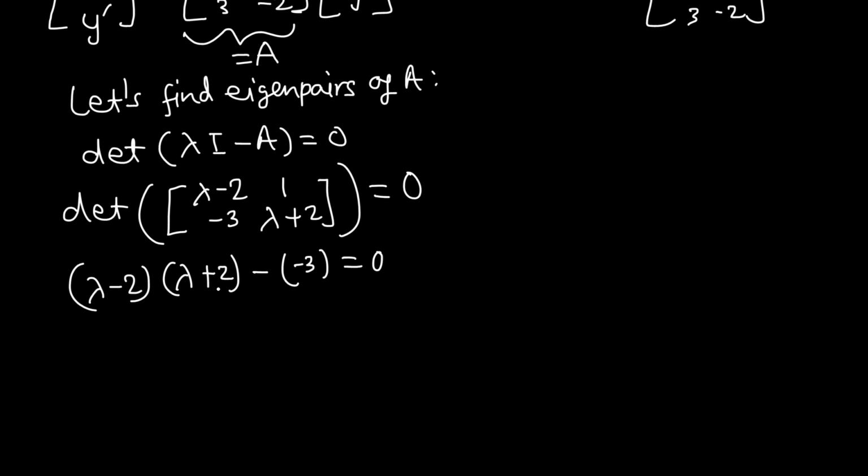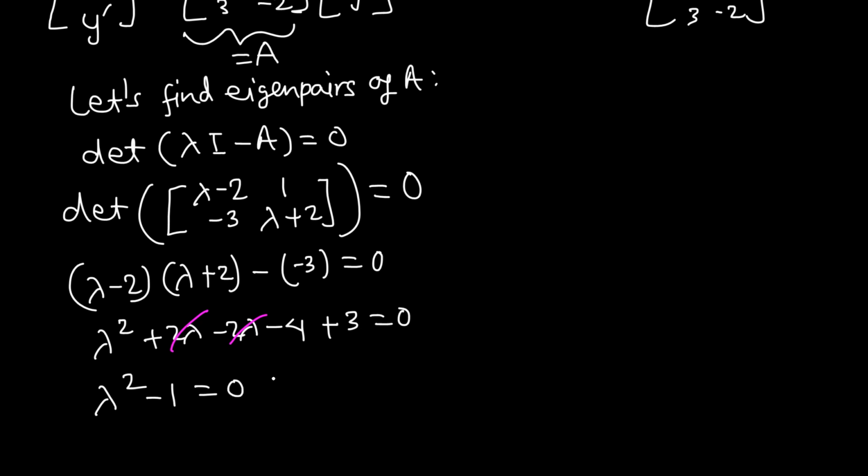Lambda minus 2, lambda plus 2, just FOIL: lambda squared plus 2 lambda minus 2 lambda minus 4 minus -3, which means plus 3, equals 0. So we can cancel these two. So this is lambda squared minus 4 plus 3, that's -1, equals 0.